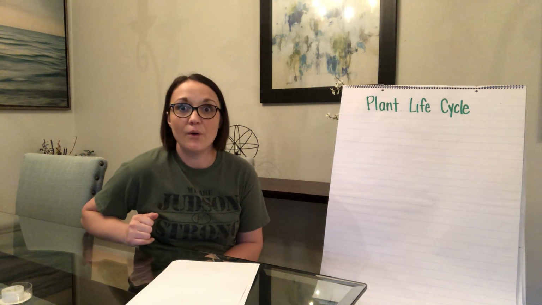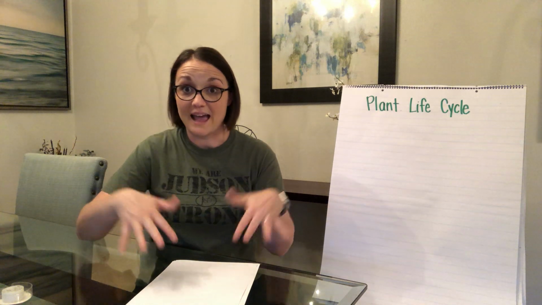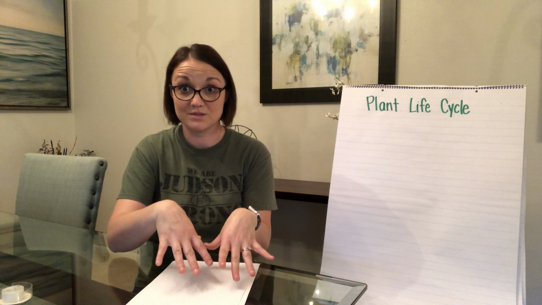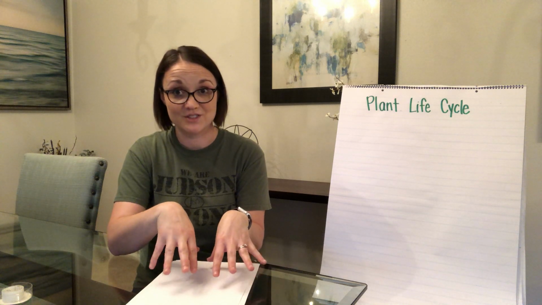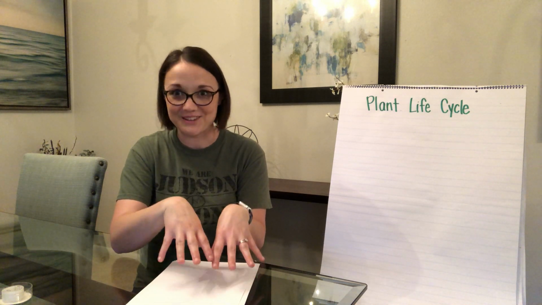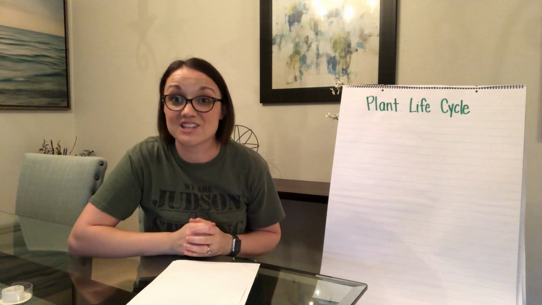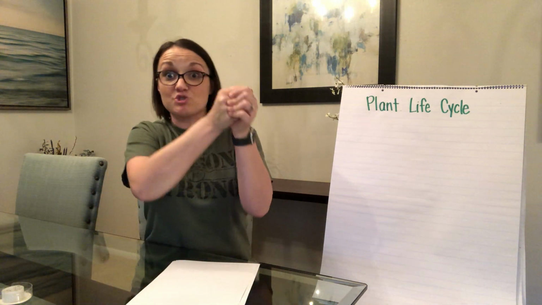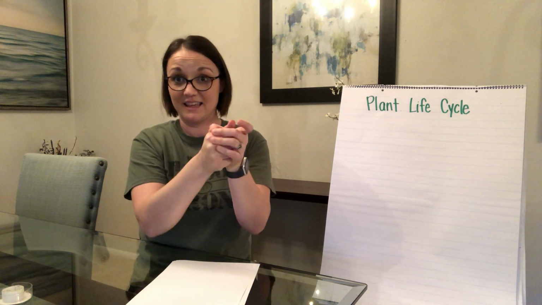If I start all the way in the soil at the bottom, I have the roots, right? And the roots pull in nutrients from the soil for the plant. The roots come up to the stem, and the stem acts like a giant straw. It sucks water all the way up to the flower and to the leaves.